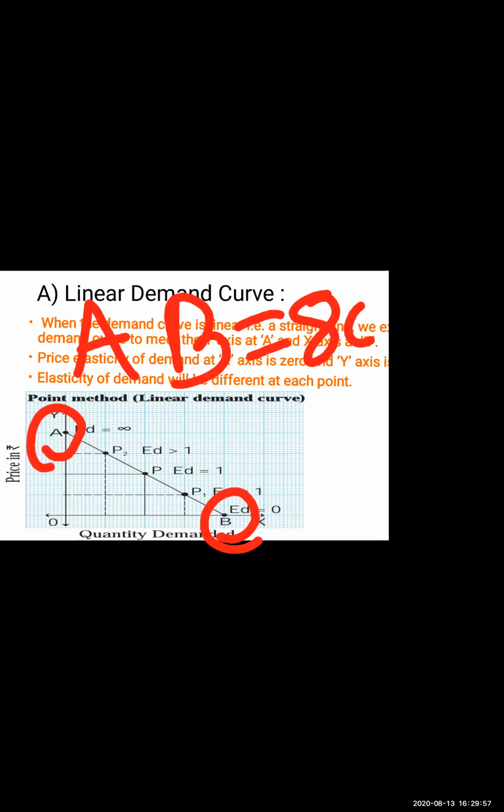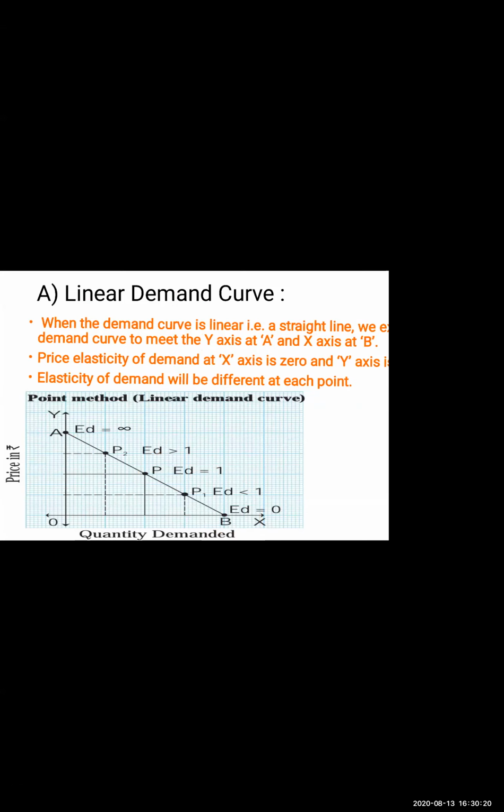At point P, what will be the unit? 4. Exactly correct. If this is 0 and this is 4, what will be P1? Total is 8, P is 4. What will be P1?